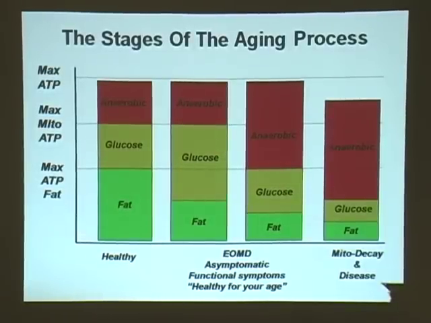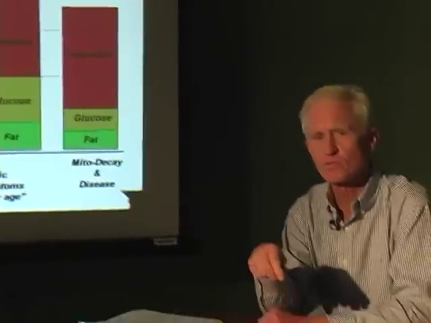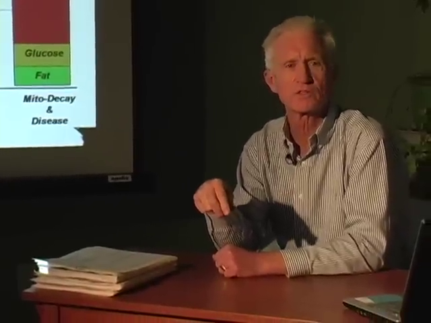Now notice what's happened in this third column here. Even though cellular energy production from the mitochondria has gone down, anaerobic energy production makes up for it so that the total energy production, or VO2 max, remains unchanged. And I make a particular note of this because there are many people out there in the health world that think the VO2 max is a reliable number.